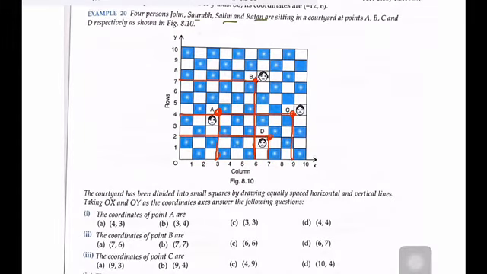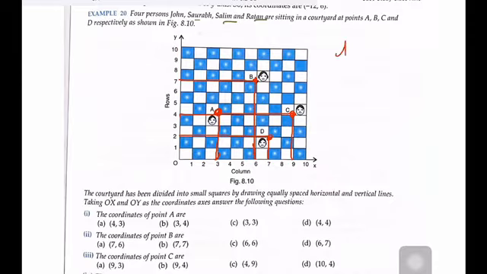So the courtyard has been divided into small square boxes by drawing equally spaced horizontal and vertical lines. Taking OX and OY as the coordinate axes, answer the following questions. So based on this, we have to answer the different questions. Let's see the questions. First we have to keep in mind who was where.